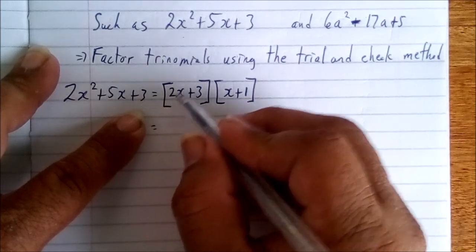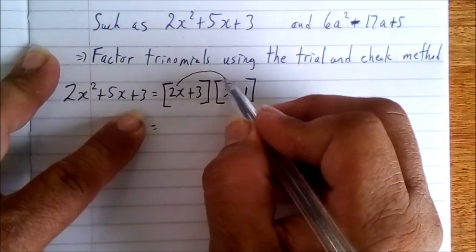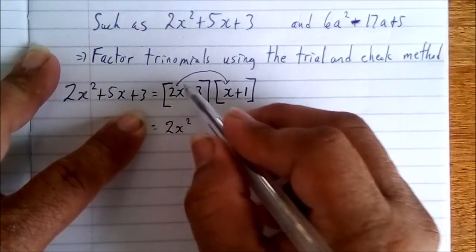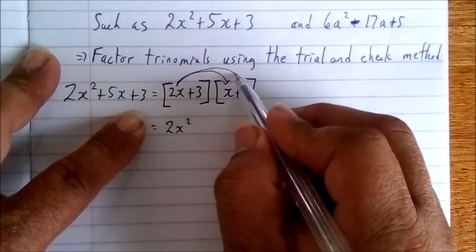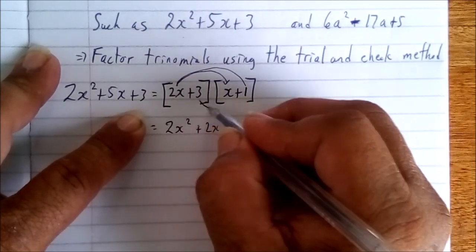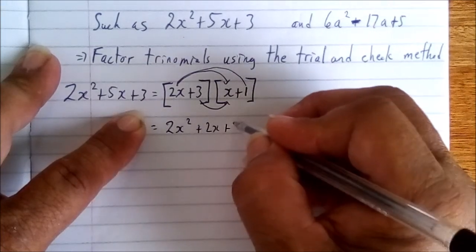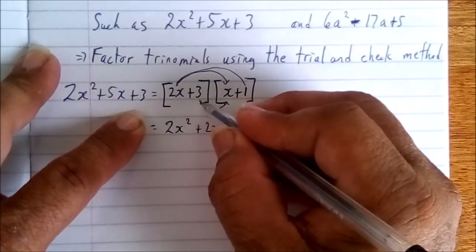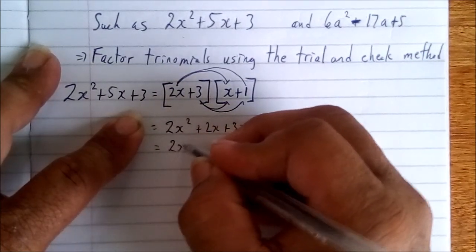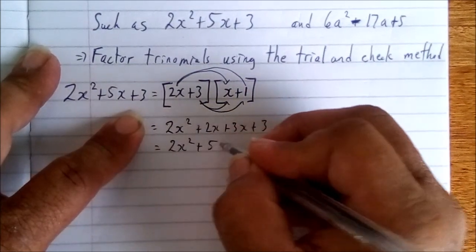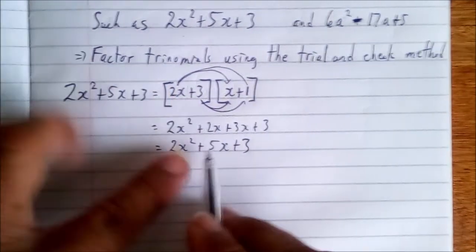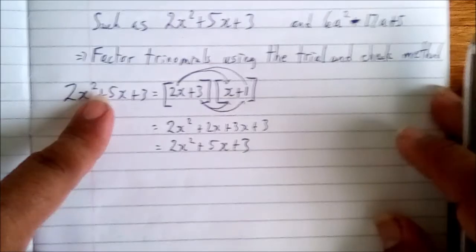We usually say 2x times x, so that gives us 2x squared, and then 2x times 1, which gives us 2x, and then we say 3 times x, which is 3x, and then 3 times 1, which is 3. When we combine them, we end up with 2x squared plus 5x plus 3. Notice what just happened. We just went from here to here, which is the starting trinomial.